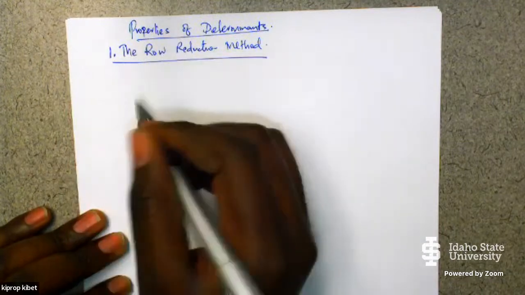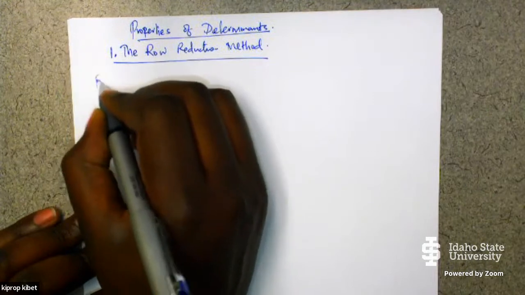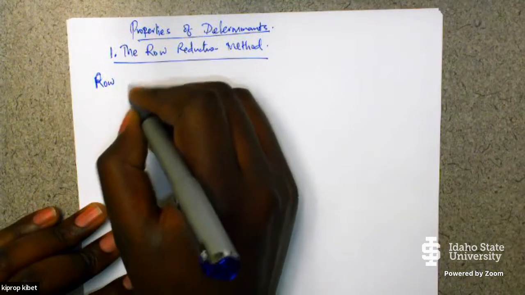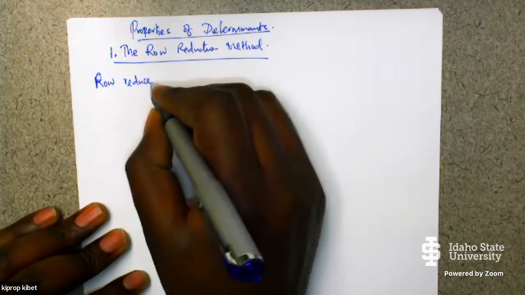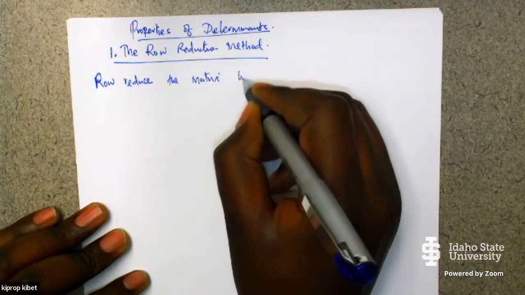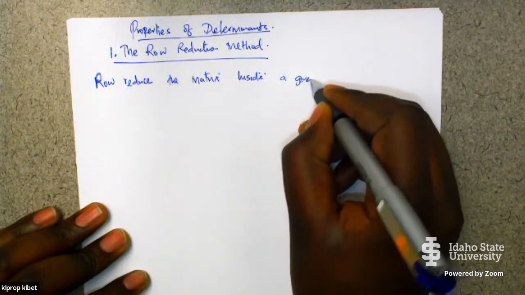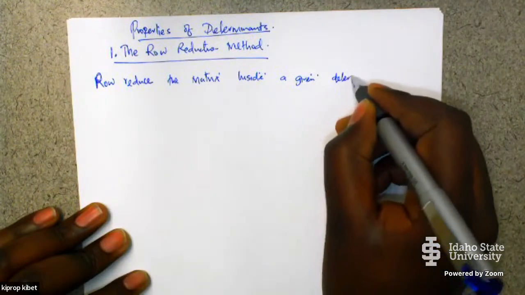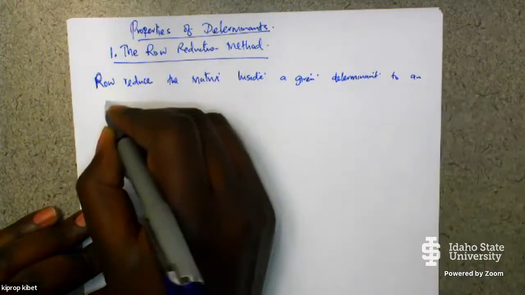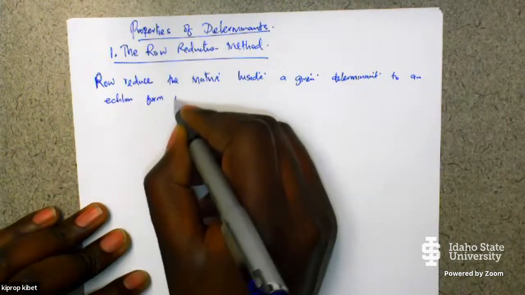So before we do an example here, let's write something small. Row reduce the matrix inside the given determinant to an echelon form matrix.